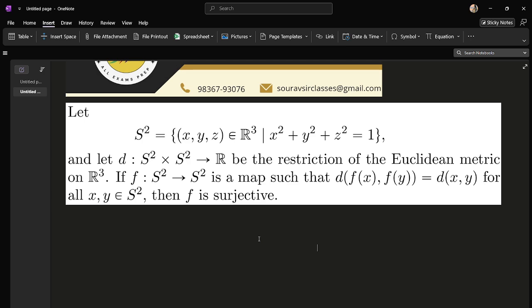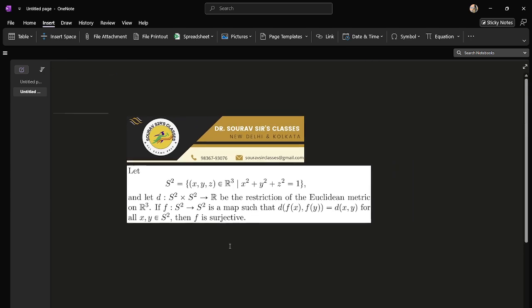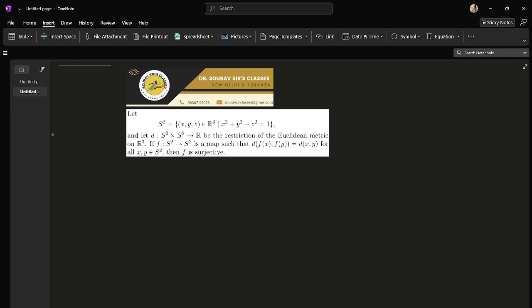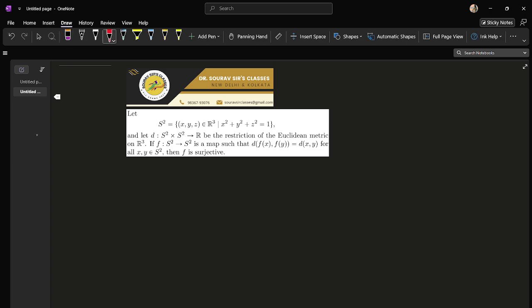So how can we do that? Now we are going to see some properties of f.